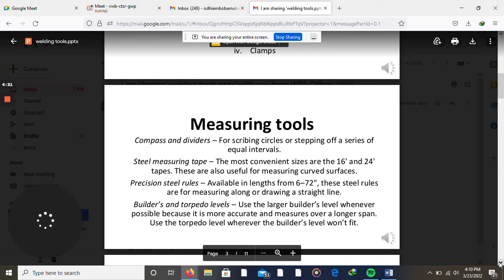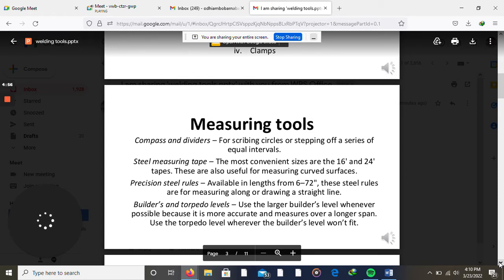Dennis? Okay, sorry, let me take it slow. Are you able to see the slide that I'm displaying right now? It's about the measuring tools.